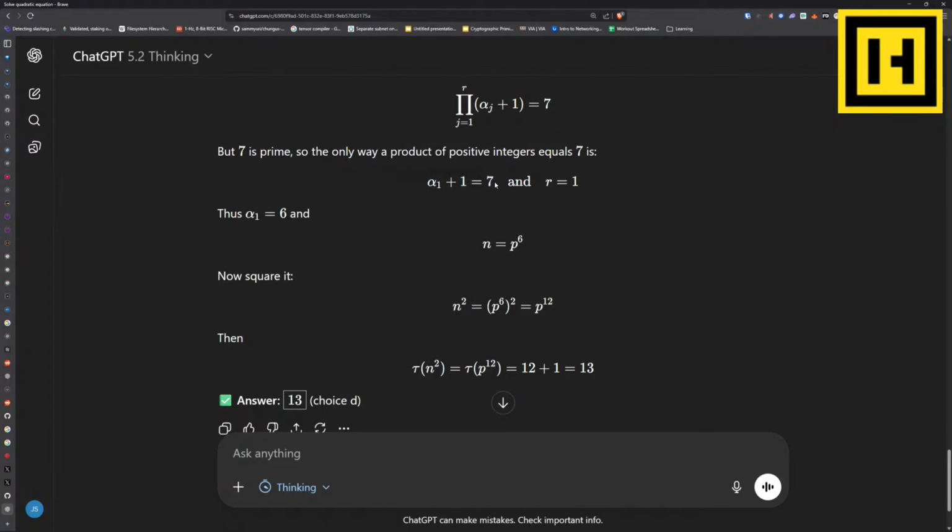Alpha sub 1 plus 1 is equal to 7. Okay, that's where I was getting stuck. Because 7's prime, the only way a product of positive integers could equal 7 is 1 times 7. Okay, that makes sense. That's that first step. Because 7's prime, you can make this next one. Okay.